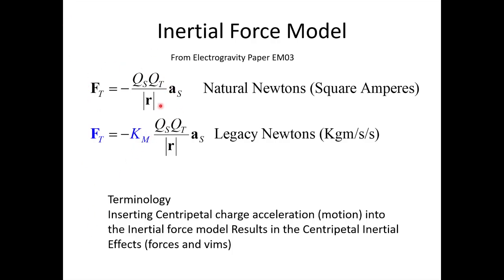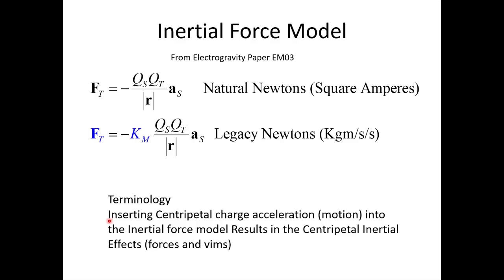There are no constants of relation at all in Ethereal Mechanics. We also represent legacy units in blue so that when they're printed on the same page, we can tell the difference between natural and legacy units. Charge, distance, and acceleration are all in natural units here.